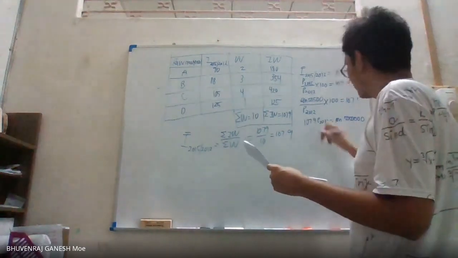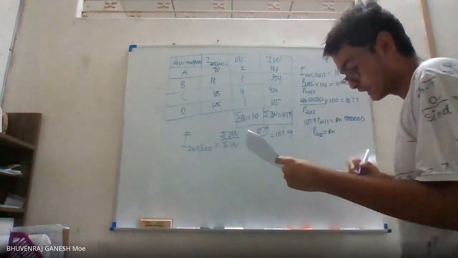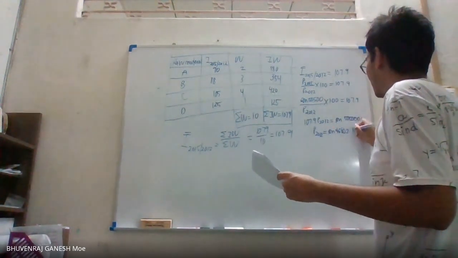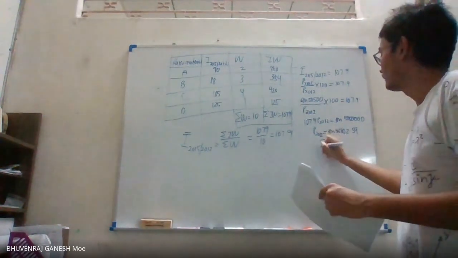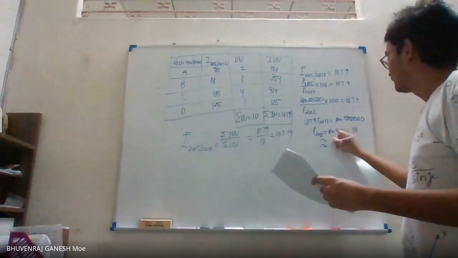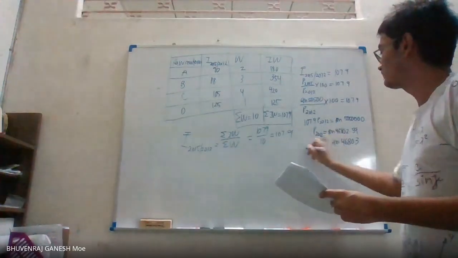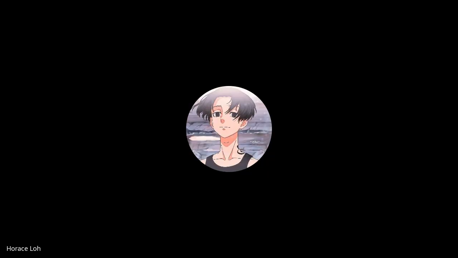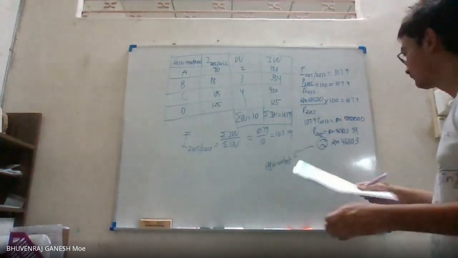Okay, so don't directly round off. You can write your answer first in two decimal places, 46802.59, the one that you get from the calculator, and then you put this wavy sign here. This wavy sign actually means equivalent, it means it's the same thing. You round off to show the examiner.